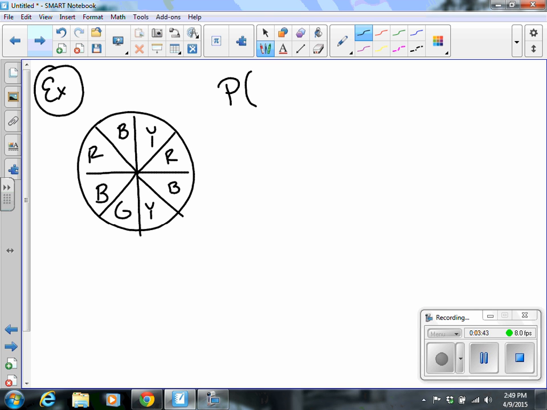I want to know the probability of spinning a blue and then a green. Looking at this, I need to find the probability of the blue and then the green. I know that this is independent because when I spin a blue, that doesn't take that little chunk out of my spinner. My spinner is still able to land on that same blue.